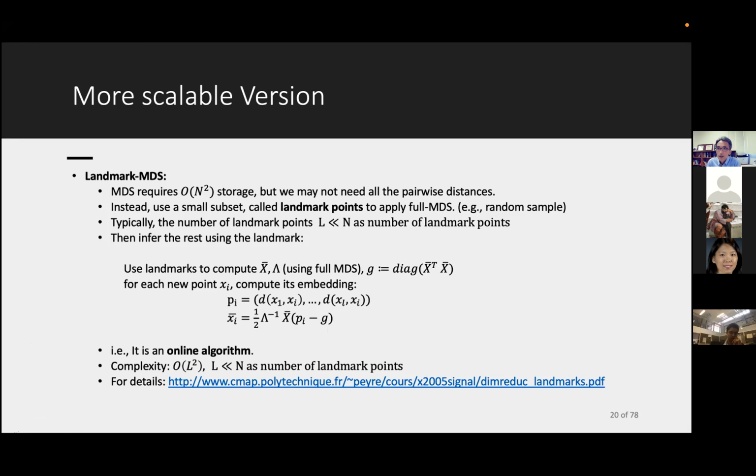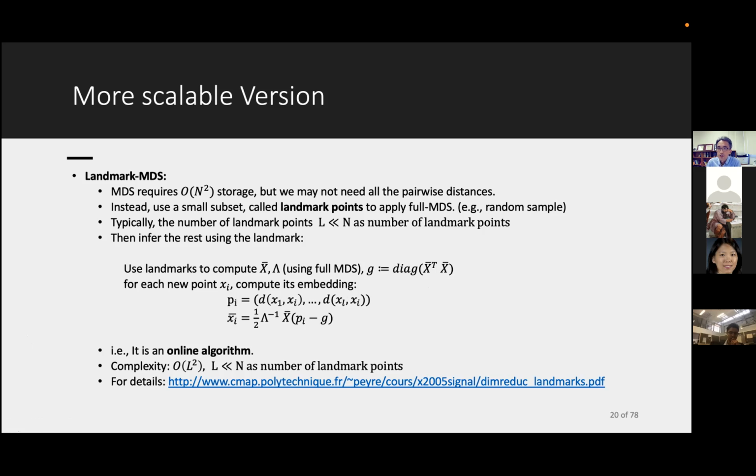Yeah. And then what is PI? PI is the vector between, for example, if you have a new point xi you want to embed, you compute the distance between xi and all the landmark points, and you obtain a vector. That's PI. Oh, okay. So here the distance is just the absolute distance, not the square or anything like that?